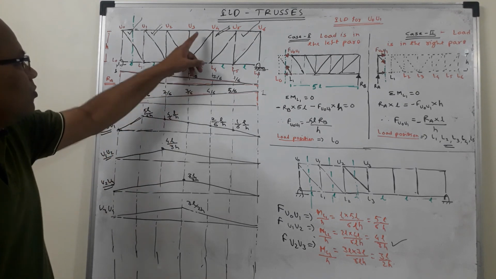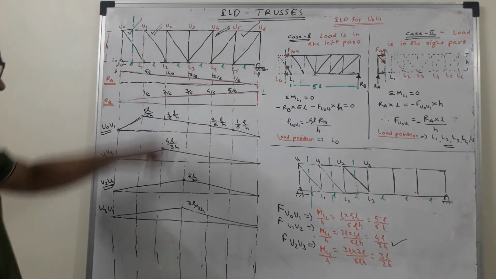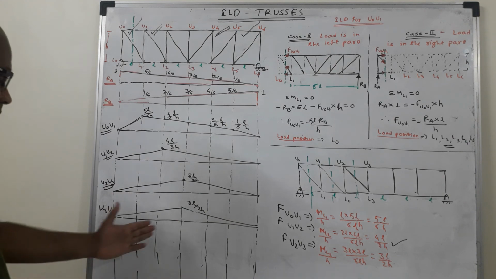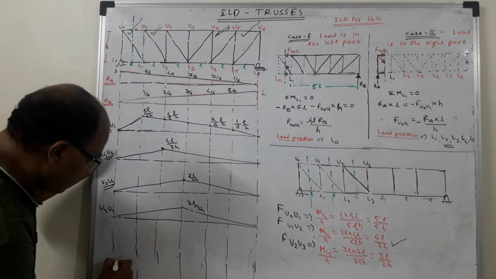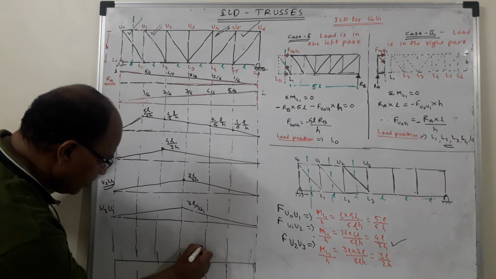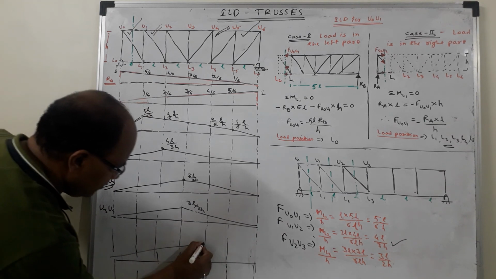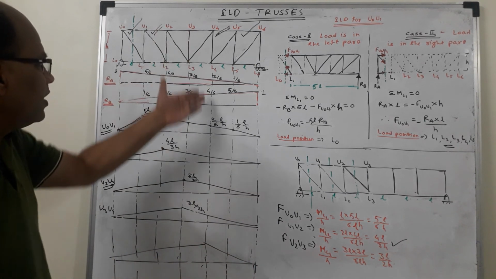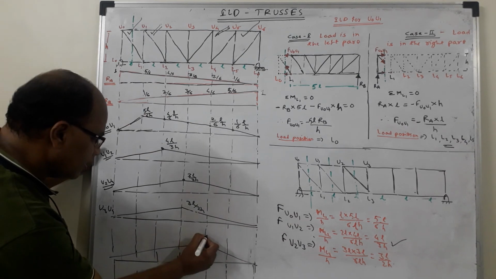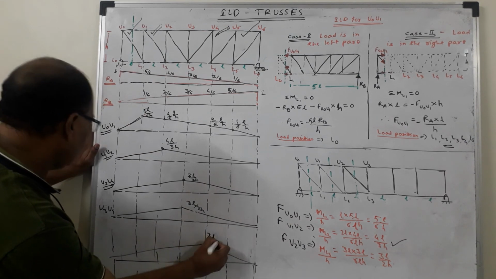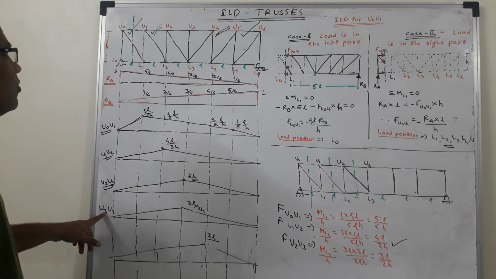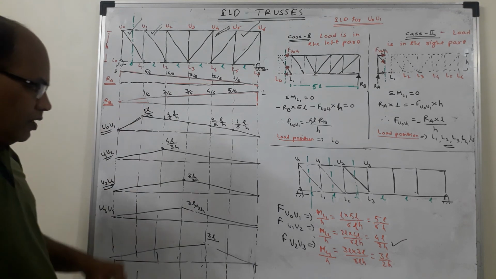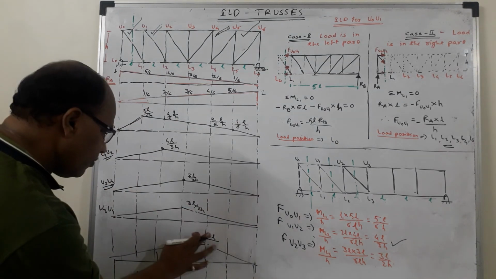So for U4, U5 it will also be 4L by 3H, but it will be on the other side of the center and it will be like this. So it will be under L4. For U3, U4 it will be 3L by 2H. Now this will be 4L divided by 3H.